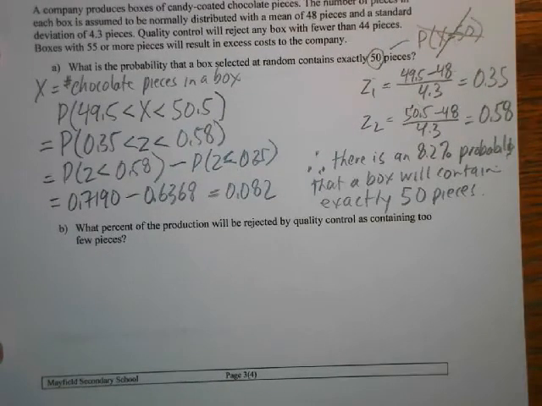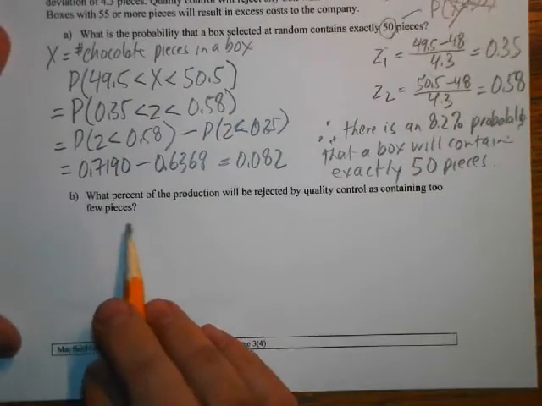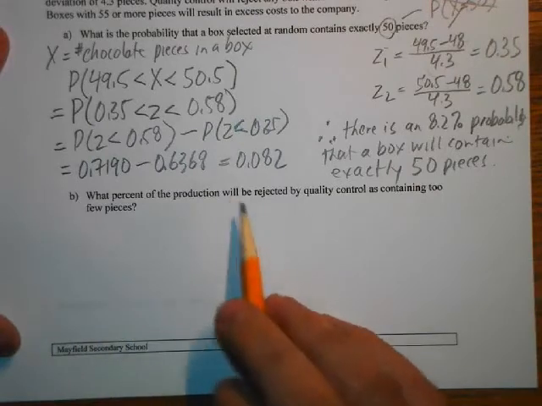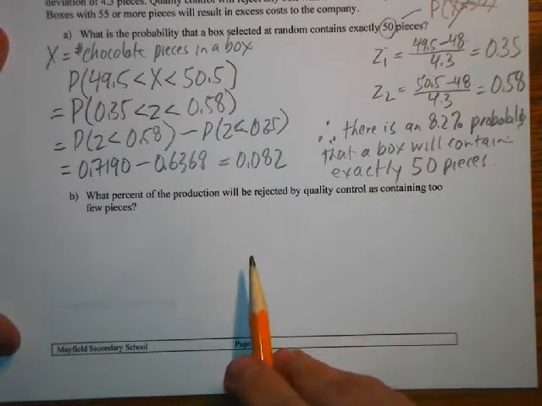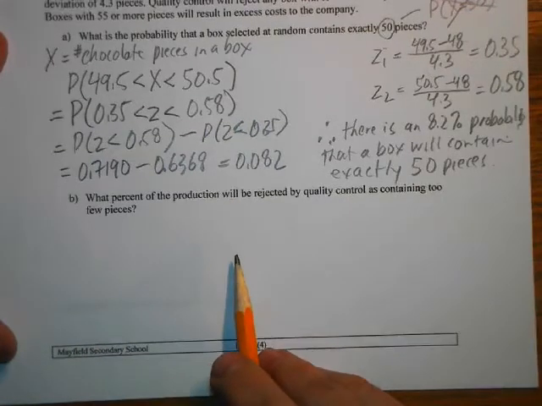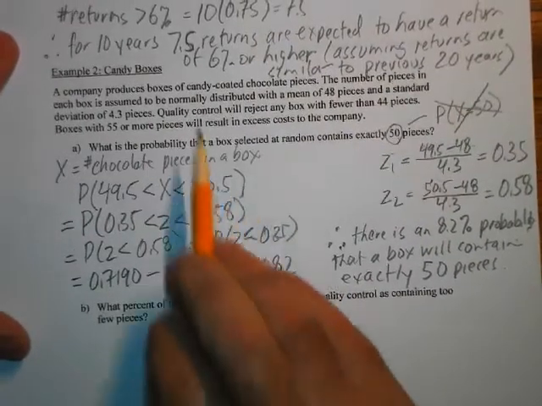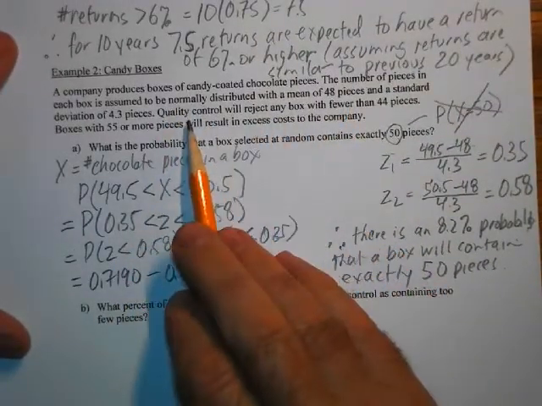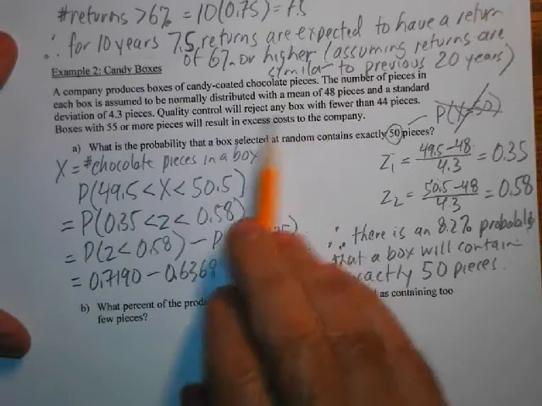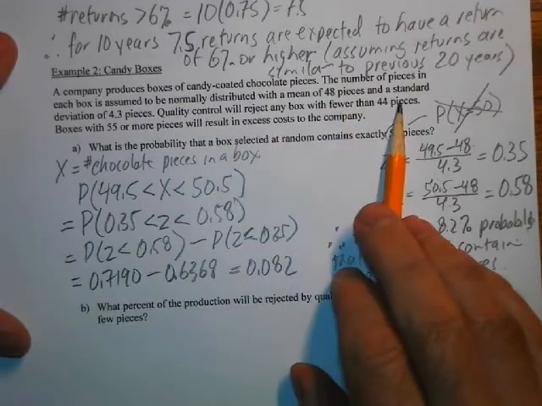So let's try maybe a couple more. What percent of the population will be rejected by quality control as containing too few pieces? So if you go back to the definition of what too few meant, fewer than 44 pieces is too few.